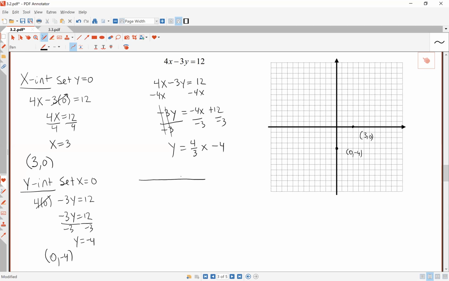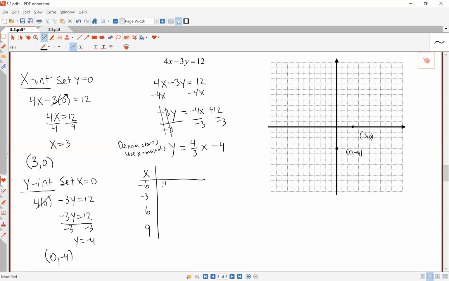I can see by this equation now that my x values, with a denominator of 3, use x equals multiples of 3. So we already have 3, so let's use 6 and 9. And let's use -3 and -6.